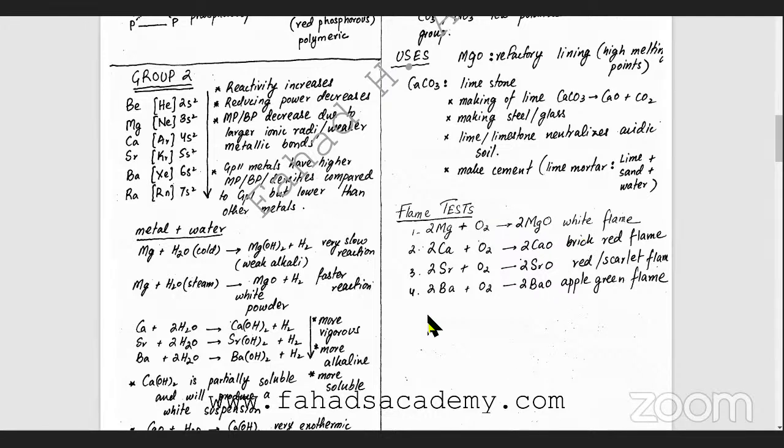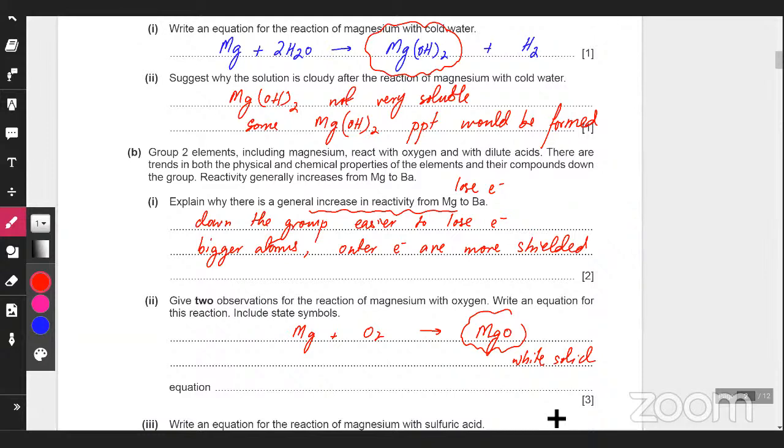So there's going to be a white flame produced in this reaction. You have to remember the flame colors of all the four elements, apart from radium, which is radioactive and very rare. The reaction with oxygen has to be remembered as well. So coming back to this one, the other thing would have been the bright white flame.